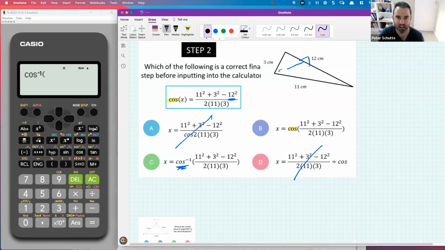That undoes the cos that is there. But I have to do it to both sides. These two are going to knock each other out, but I still get left with this. That's why I can't have a cos in front. I must have the inverse cos sitting there. So this isn't correct because it would give you cos squared as opposed to knocking it out like I wanted.